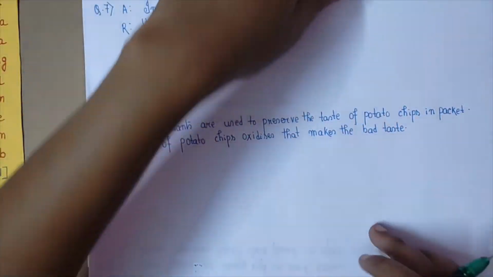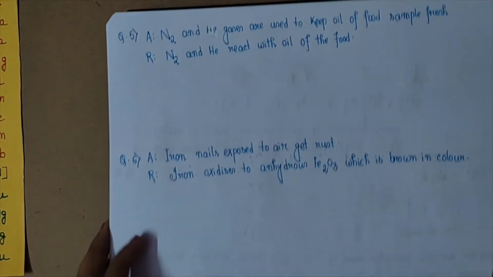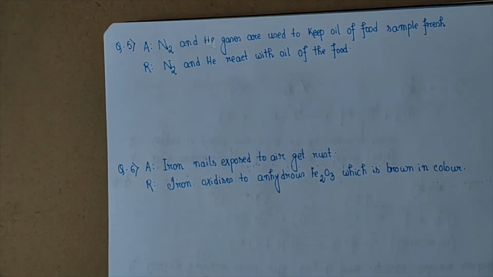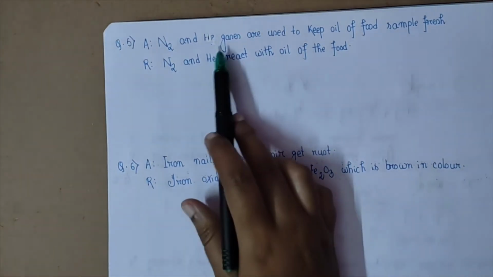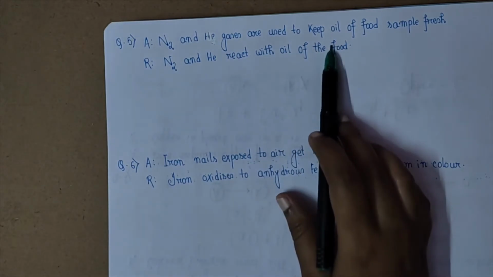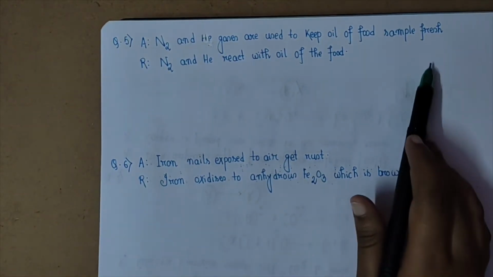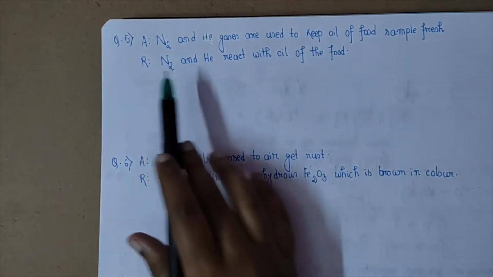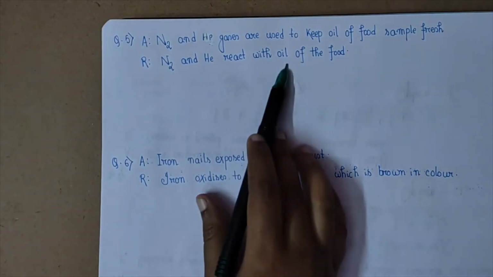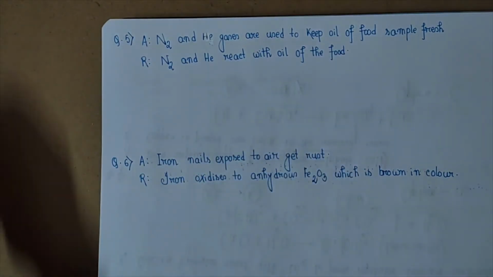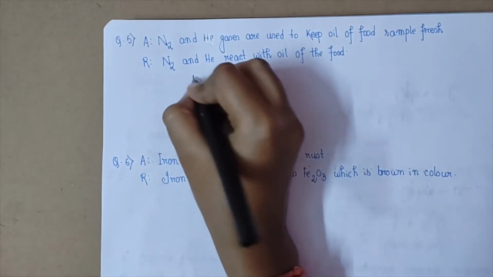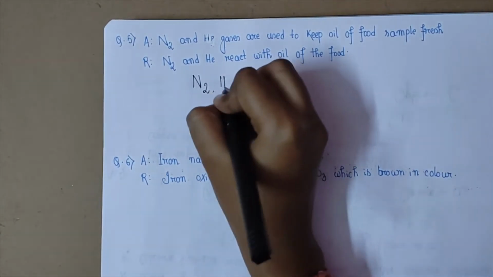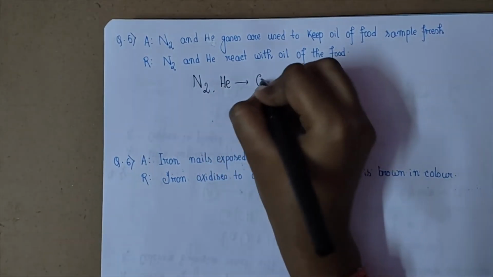Now the next question: nitrogen and helium gases are used to keep oil of food samples fresh, and the reason is that nitrogen and helium react with the oil of the food. Okay, you know that nitrogen and helium are chemically inert.